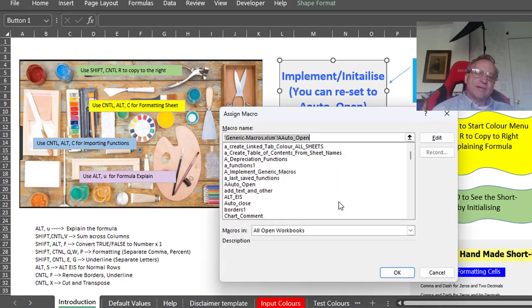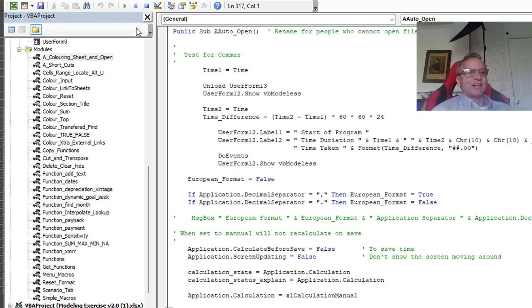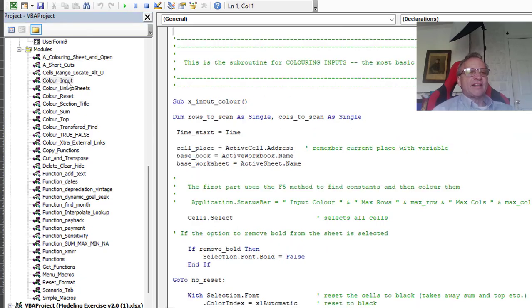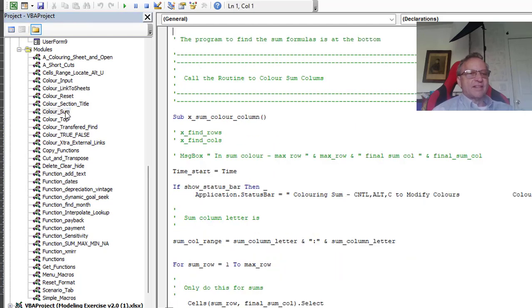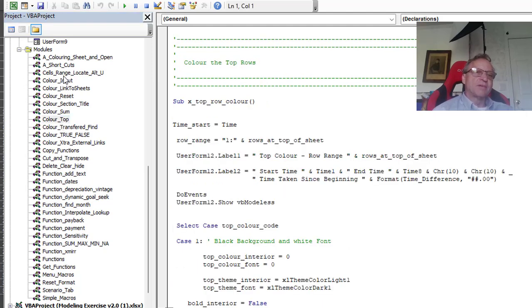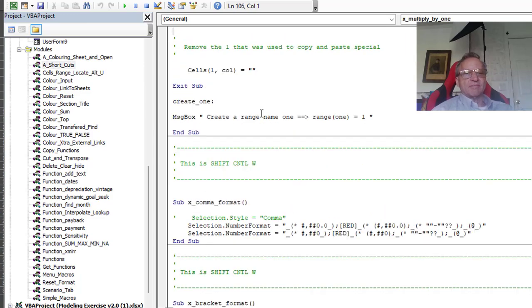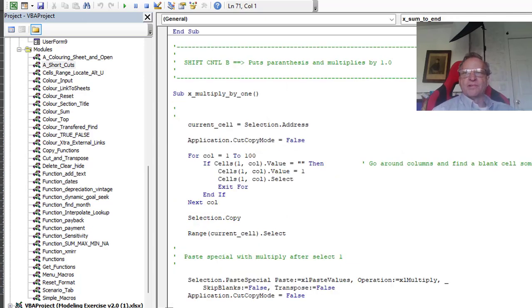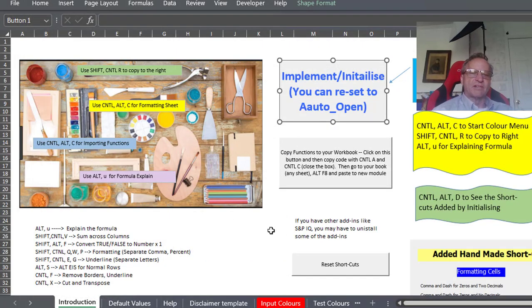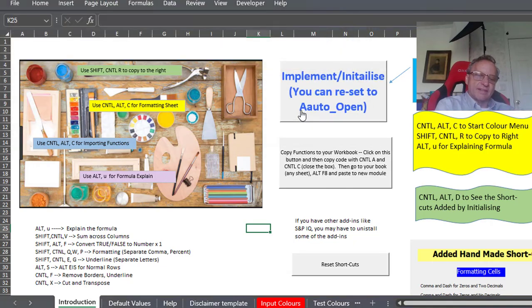So if you now go to the generic macros, sorry about this, you can see how I did the coloring of the input, how I did the links to the sheets, how I did the coloring of the sums, how I did the coloring of the top, and then you can look at all the shortcuts I made, which are not a big deal. Some are a little trickier, for example, when you put the flags in and multiply by 1. You can steal however many of these you want.